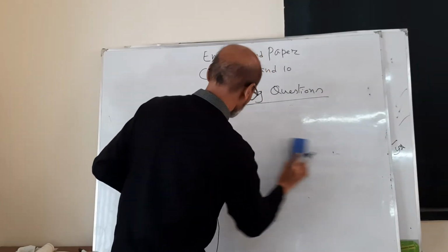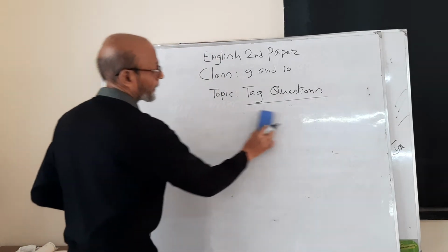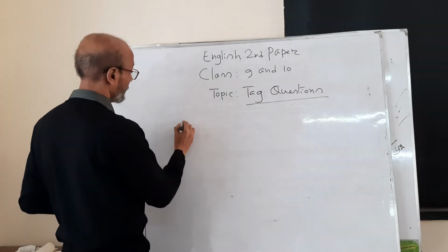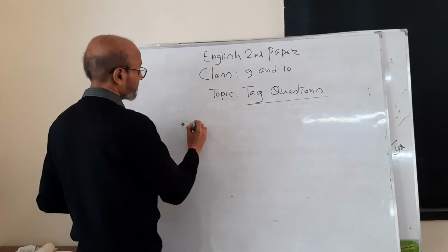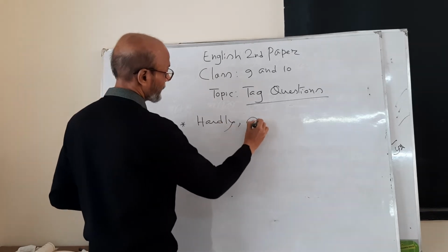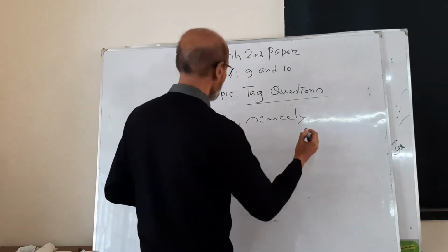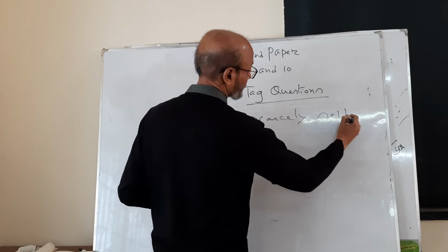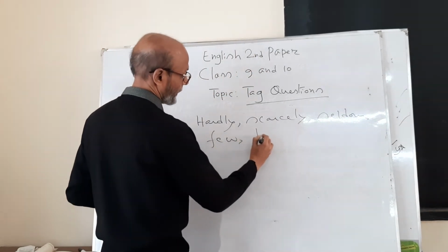Another important thing for us to complete tag questions. Sometimes you will find some types of words which are adverbs. Hardly is a familiar word, scarcely, and also we find seldom, few, little.